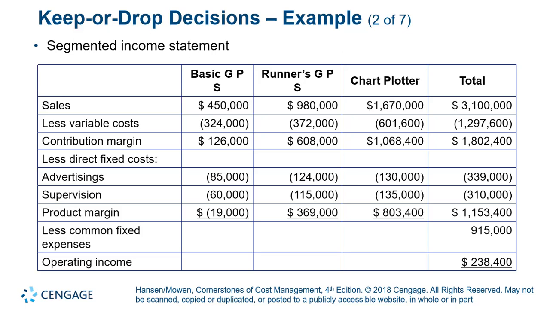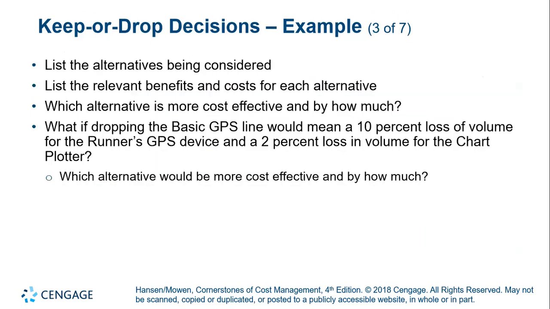While your common fixed cost, if you are going to deduct from the total, will give an operating income equal to 238,400. Now that is your analysis if you have your keep or drop decisions with a segmented income statement.